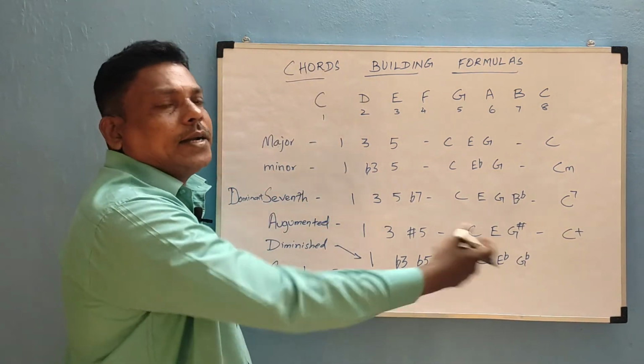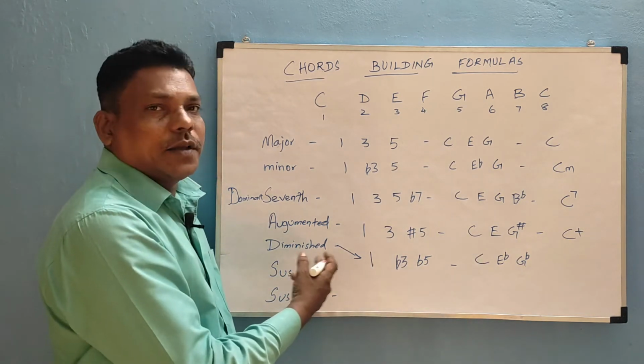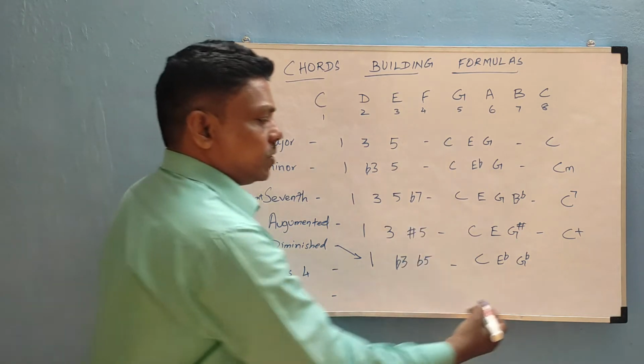C, E flat, G flat. These three notes played together will give you the sound of a diminished chord.